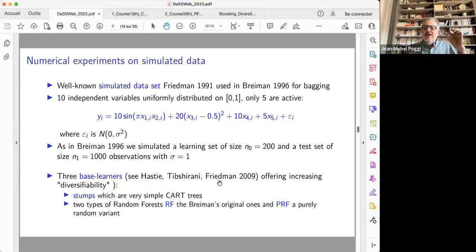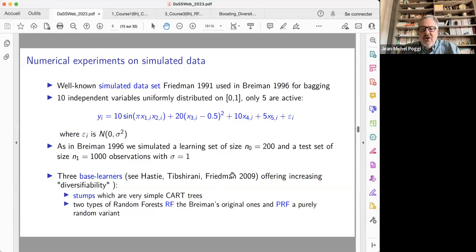And the second one is at each node, when you select the best split, you try to incorporate a new additional randomness by selecting the best split not among all the splits, but among the splits based on a subset of randomly chosen input variables. So this is the Breiman strategy.